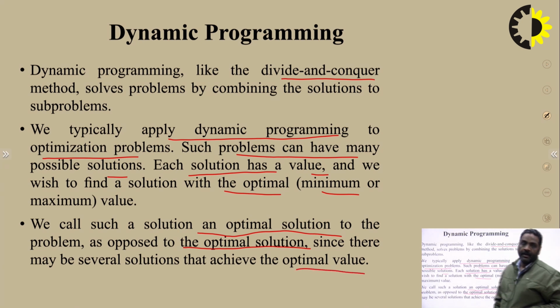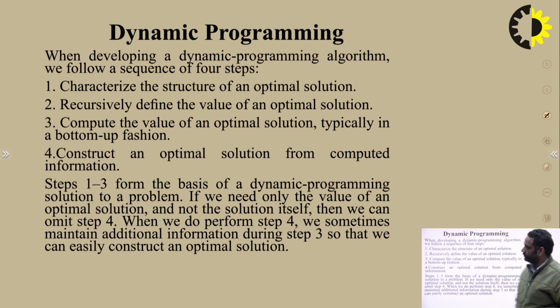So there must be possibilities of many solutions, and we need to find the best solution. These are the properties by which we can solve a problem by means of dynamic programming.